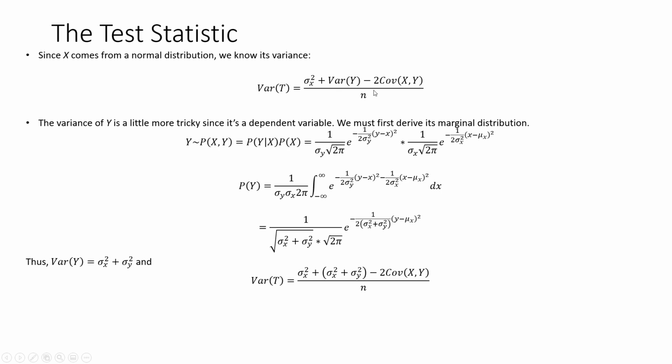And so that's why you get this minus 2 times covariance here. And then of course 1 squared, both of those are 1. And so that all works out nicely.